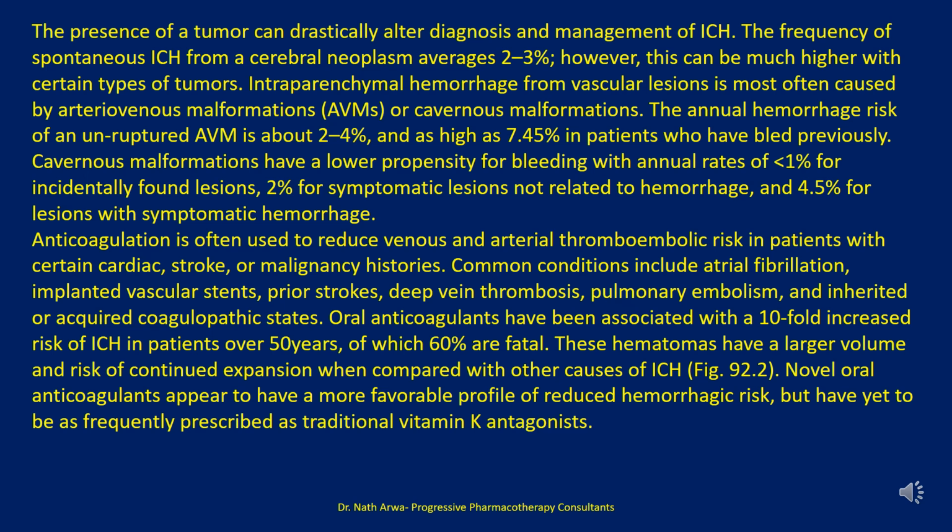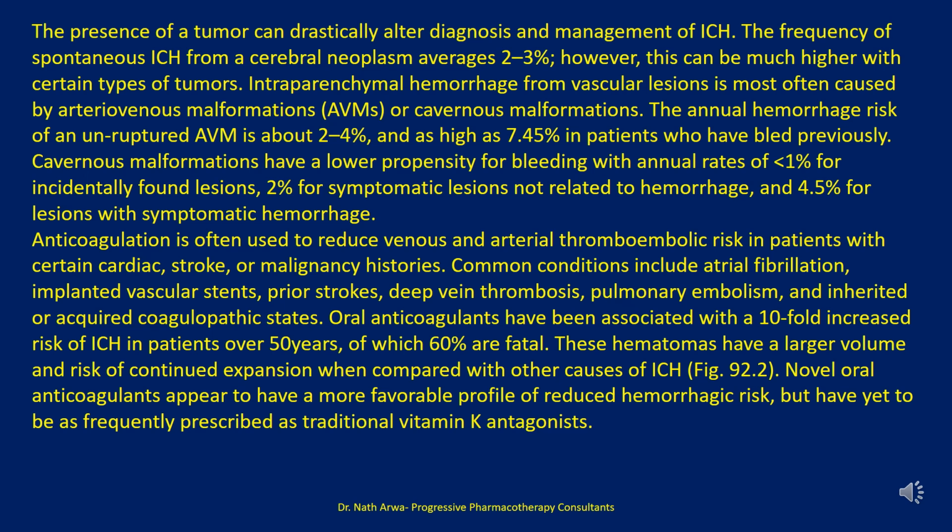Anticoagulation is often used to reduce venous and arterial thromboembolic risk in patients with certain cardiac, stroke, or malignancy histories. Common conditions include atrial fibrillation, implanted vascular stents, prior strokes, deep vein thrombosis, pulmonary embolism, and inherited or acquired coagulopathic states.